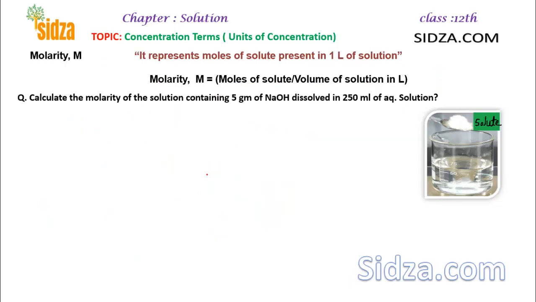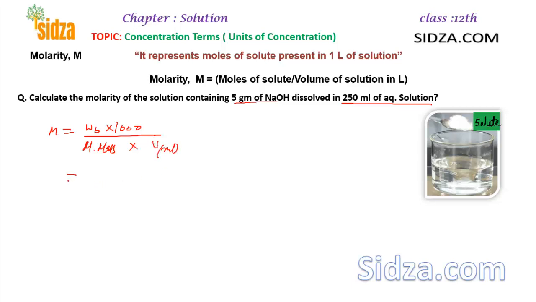Let's take another example. Calculate the molarity of a solution that contains 5 grams of NaOH in 250 mL of solution. It's a similar one; the only thing we change is the weight. So molarity is equal to the weight of solute times 1000, divided by the molar mass of solute times the volume of solution in mLs.